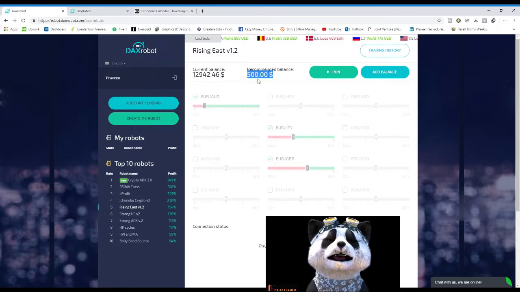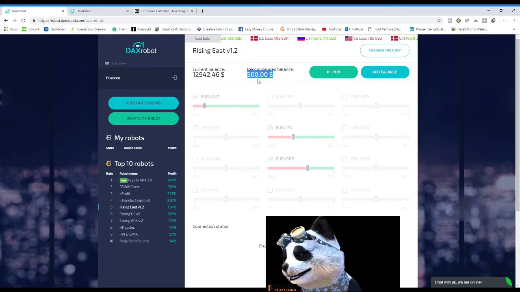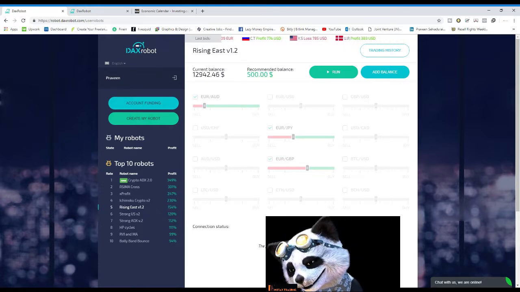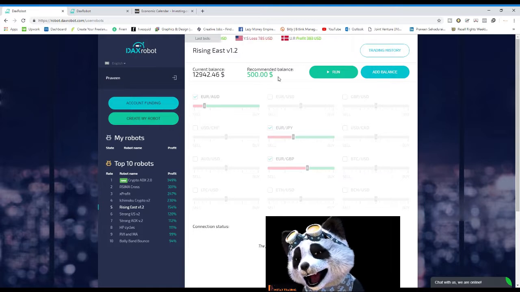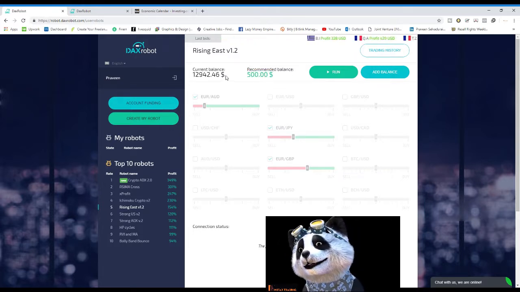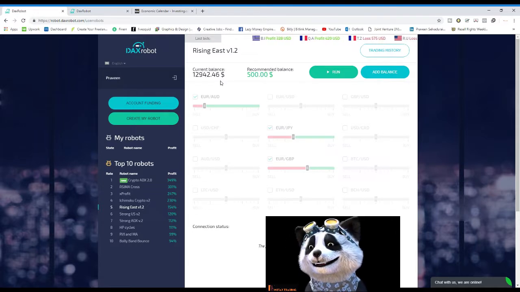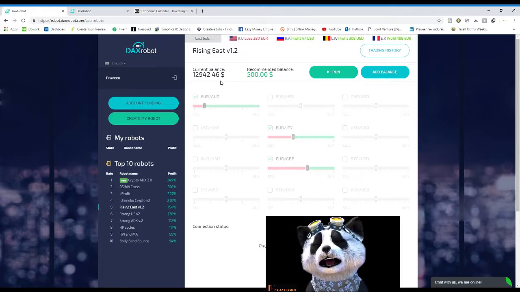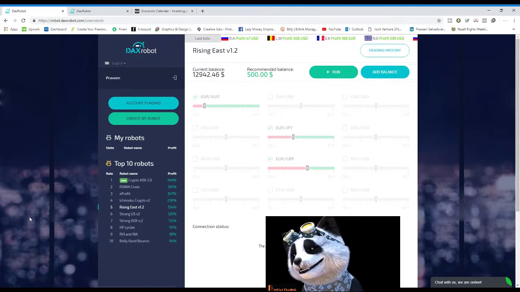For example, let me just choose rising ASV 1.2. The recommended balance for rising is $500. So your current balance should not be less than the recommended balance. It should be more than your recommended balance, at least $500 or more would be better. Keep that in mind when you're choosing a robot.